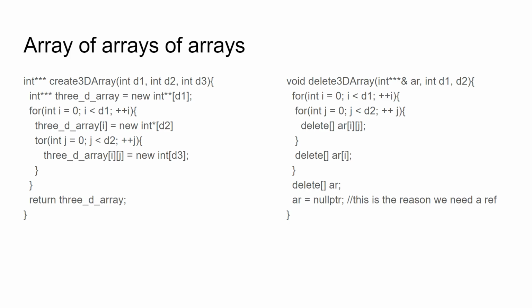Each of these double pointers points to a new array of integer pointers. Each of these integer pointers points to some ints. These guys are all integers over here, and this would be the same thing drawn out for each row.